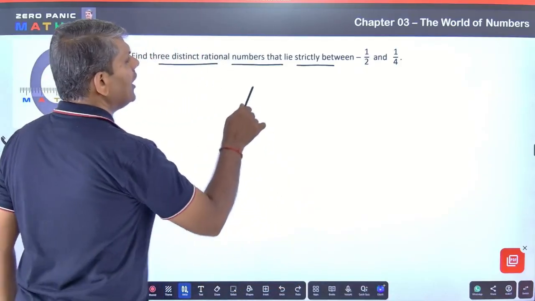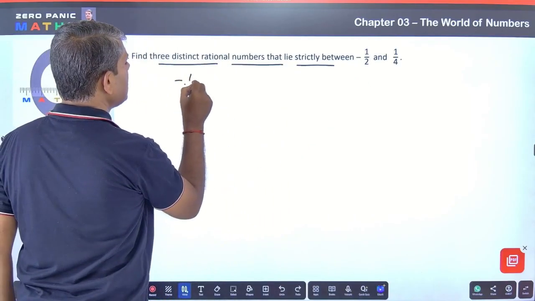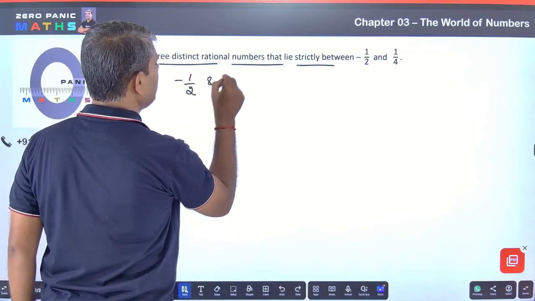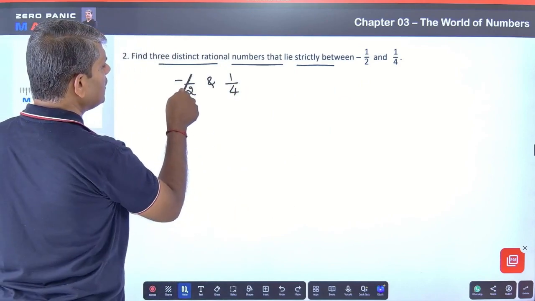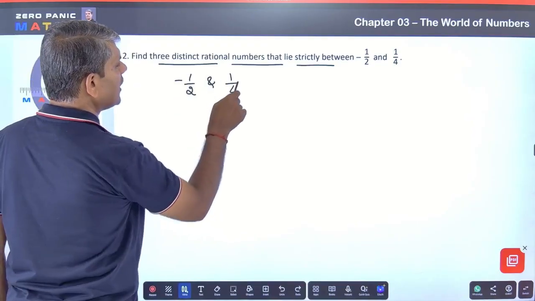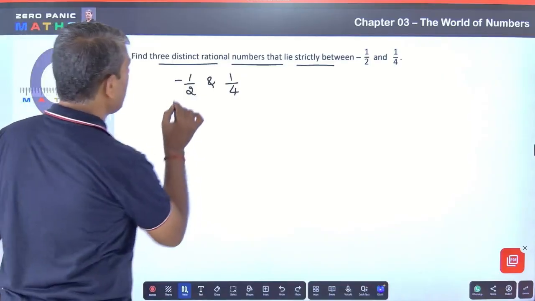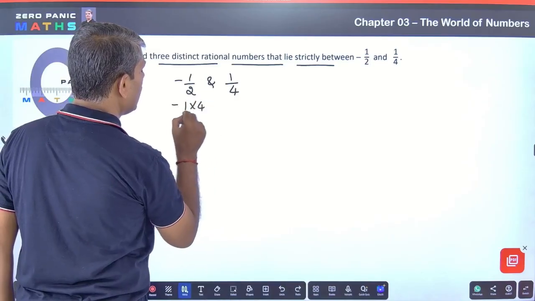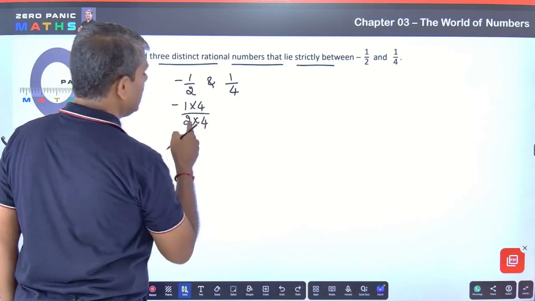Okay, so let me take these two numbers first. Minus half and 1 by 4. Now let me multiply and divide the first number by 4 and the second number by 2. What I am trying to do, I will let you know. First multiply and divide the first number by 4 so that I get the denominator as 8.